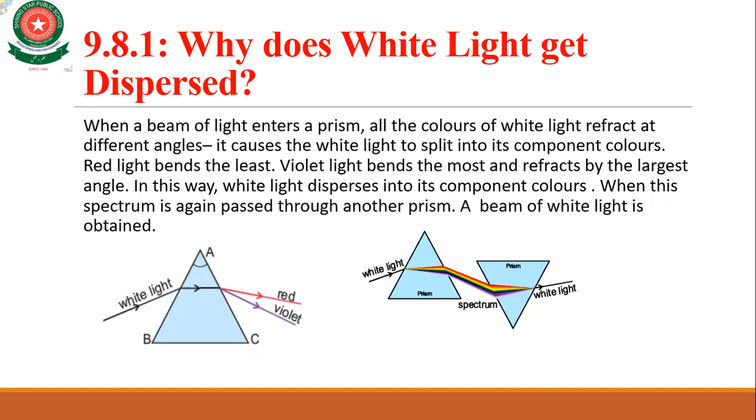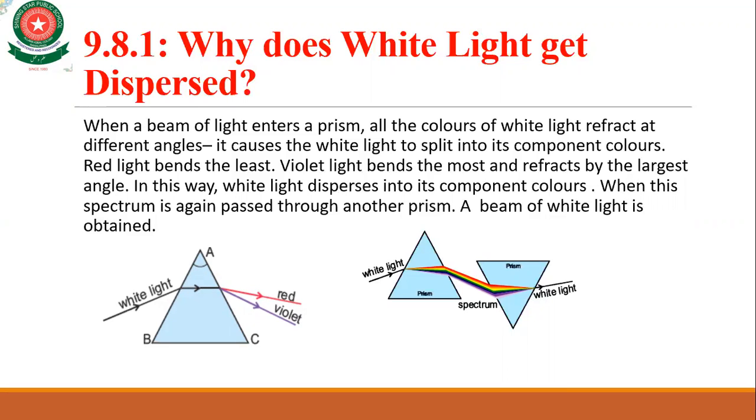It causes the white light to split into its component colors. You can see in the diagram that white light enters the prism and all the colors refract at different angles.